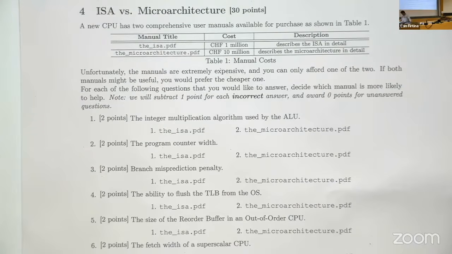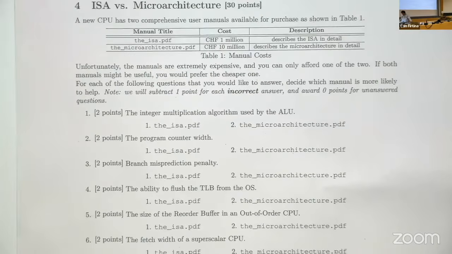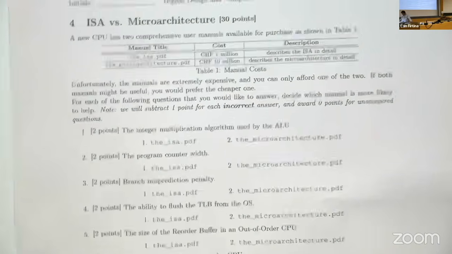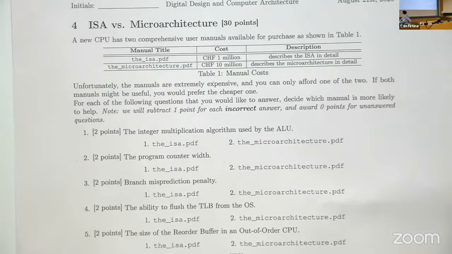So let's look at the fourth question. It's a relatively simpler question to answer, with 2 options for every question. It tests the understanding of ISA, instruction set architecture, and microarchitecture. A new CPU has 2 comprehensive user manuals available for purchase, as shown in table 1.